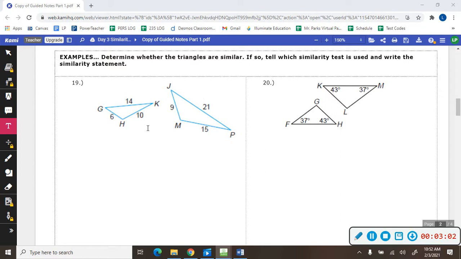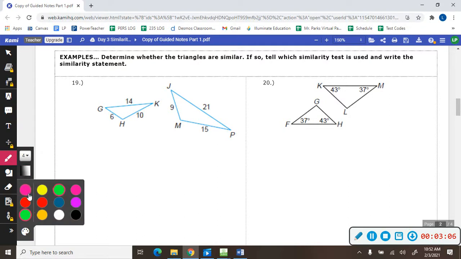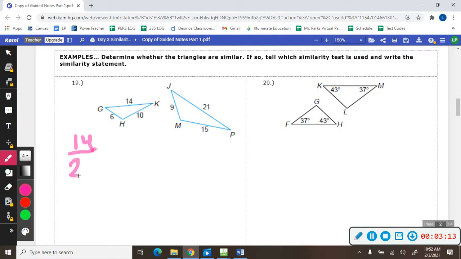So let's look at 14 divided by 21. Does that equal long to long? Does that equal short to short? Does that equal 6 to 9?